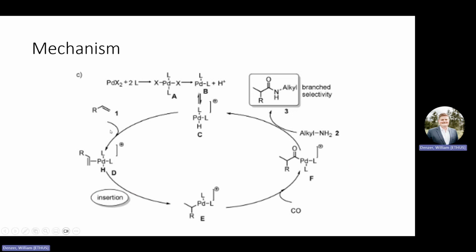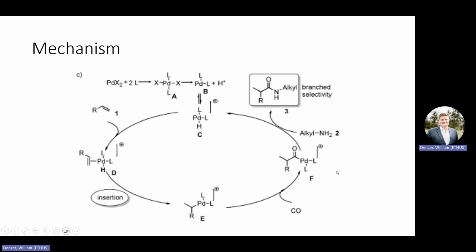First, the unsaturation of an alkane with a terminal olefin will form an alkene coordination bond with the palladium metal. This olefin will then insert itself between the palladium hydrogen bond, forming an iso product that is bound to the palladium.